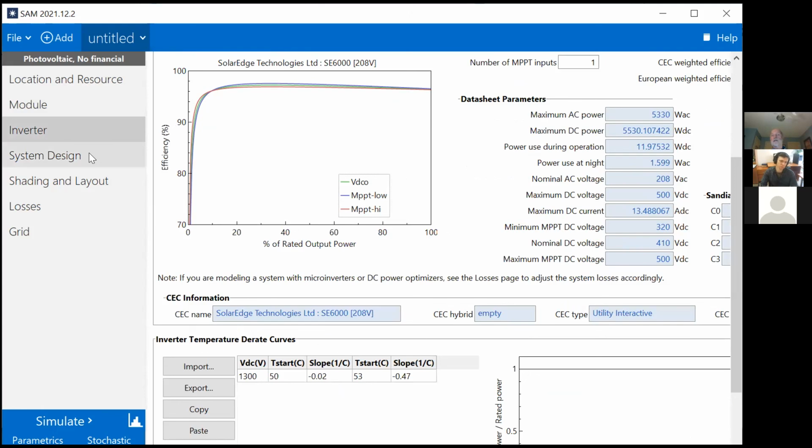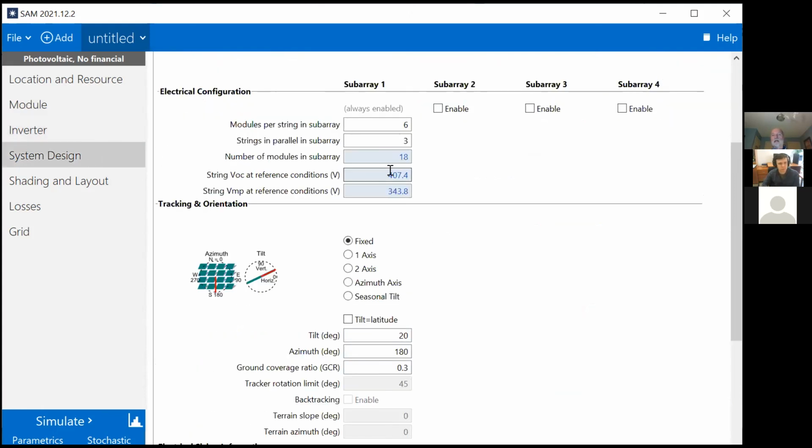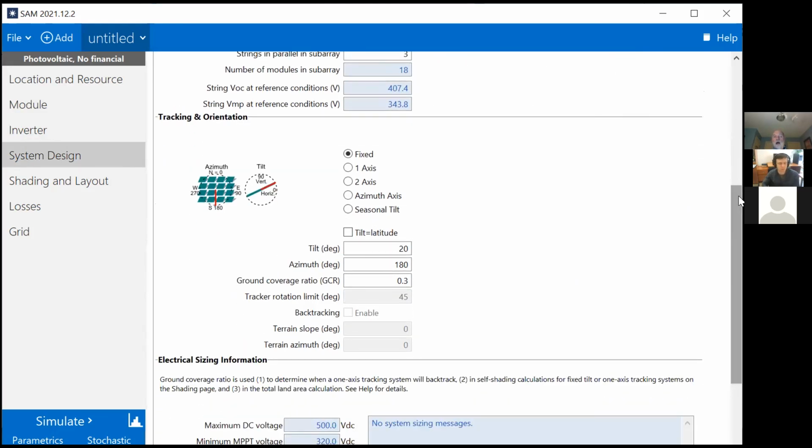Then we come down to the last thing that I want to show you tonight, the system design. And this is where I would like you to do some experimentation for yourself. Okay, in this you can do a range of tilt angles and azimuth angles, and also you can look at the difference between a fixed system and a tracking system.